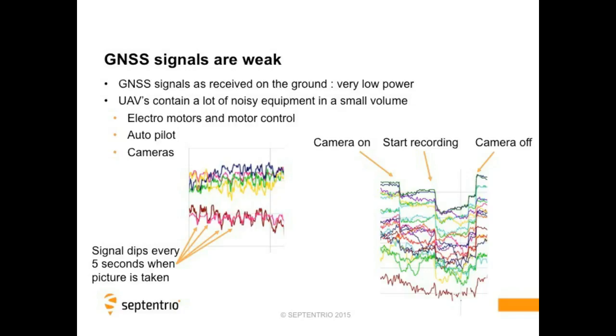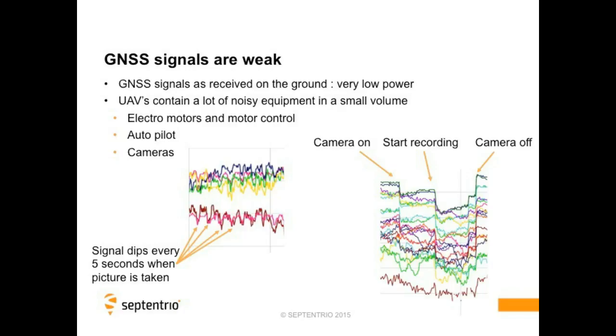The two pictures you can see here were generated with the tools that we develop and provide with our receivers to assist in the integration and troubleshooting during the integration. They show the signal levels of the different satellites being received, in this case with a GoPro camera with the GPS receiver right on top of it.